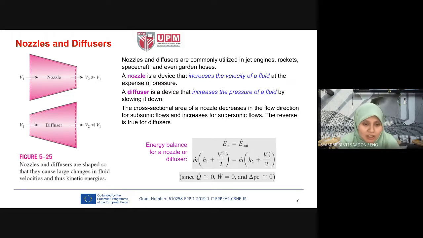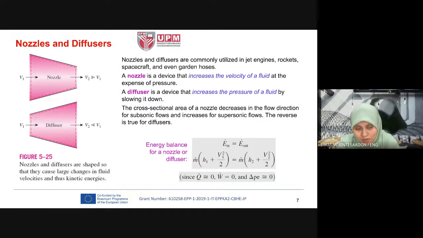So the cross-sectional area of a nozzle decreases in the flow direction for subsonic flow and increases for supersonic flow. This part we will learn in detail in the last chapter, week 13 or week 14, towards the end of the semester, where we have a chapter concerning high speed gas flow.